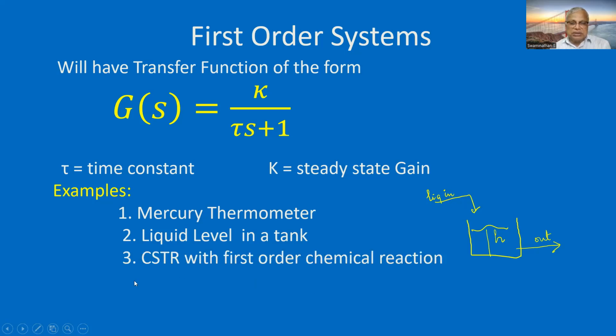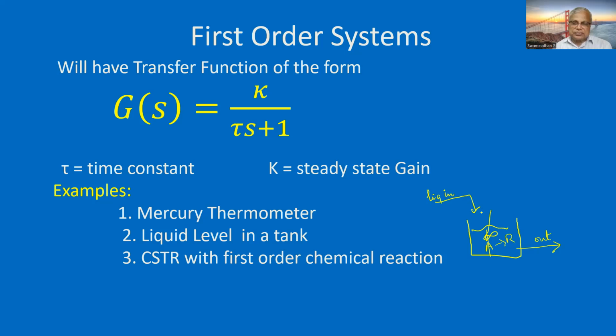The next example is a CSTR with a first order chemical reaction. CSTR, a continuous stirred tank reactor or mixed flow reactor, in which a first order chemical reaction is taking place, is also an example of a first order system.